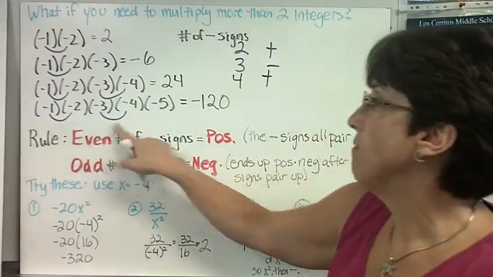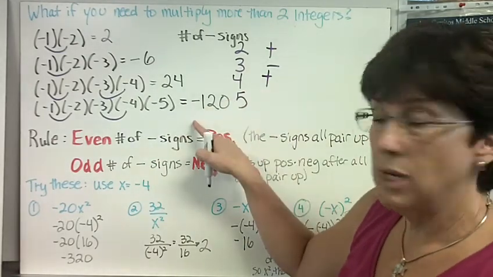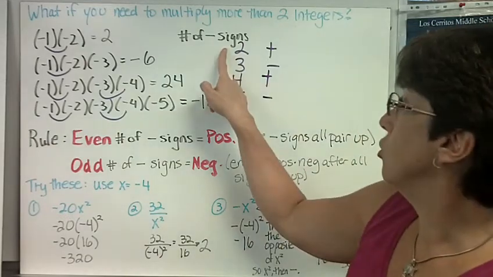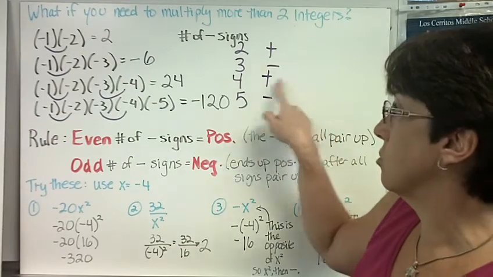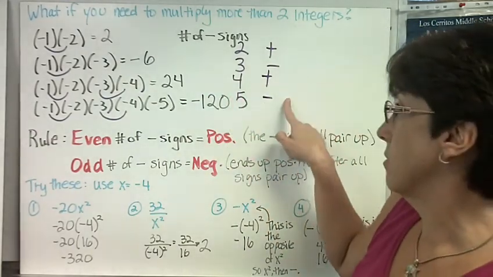Here we have 5 negative signs and our answer was negative. Do you see a pattern? 2 and 4 give us positive answers. 3 and 5 give us negative answers.